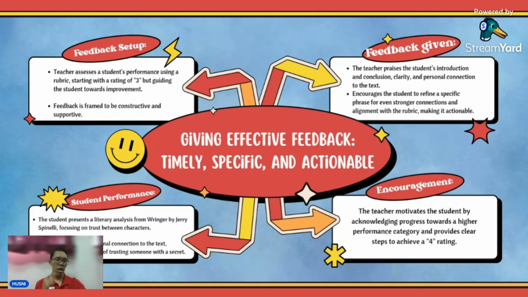So the teacher mentioned about it and he liked it, apparently. And lastly, encouragement. The teacher motivates the student by acknowledging progress towards a higher performance category and provides clear steps to achieve the four ratings that we just talked about, right? Based on the rubric.